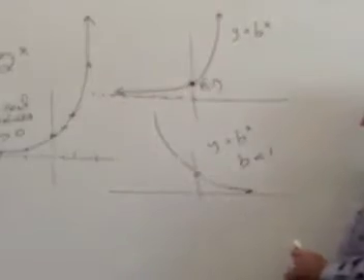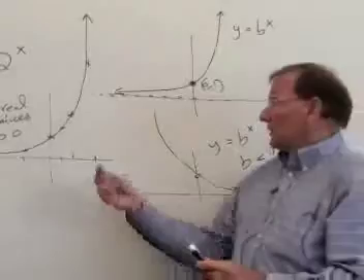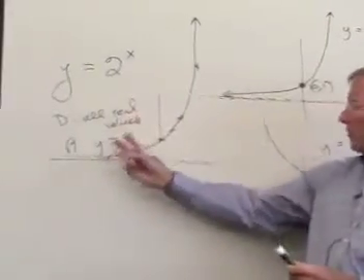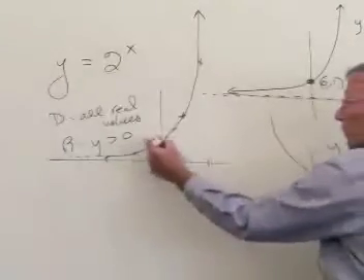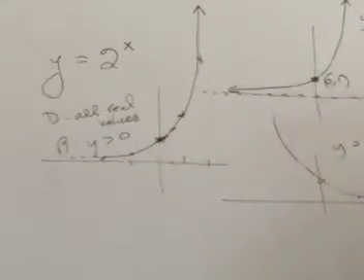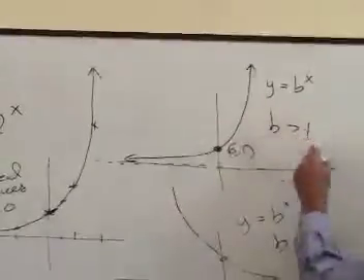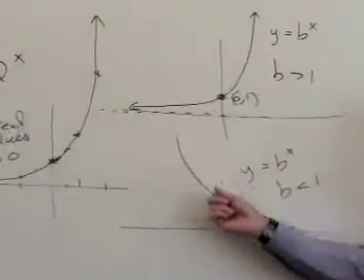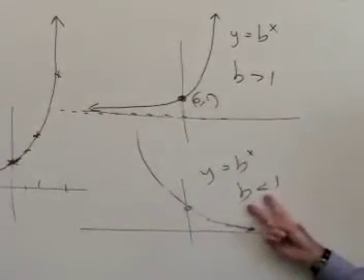But the graph of an exponential function basically has these properties. The domain is all numbers. The range is numbers that are larger than 0. They all go through this one anchor point, the point 0, 1, and they either increase very rapidly if b is larger than 1, or they decrease very rapidly if b is a fractional value less than 1.